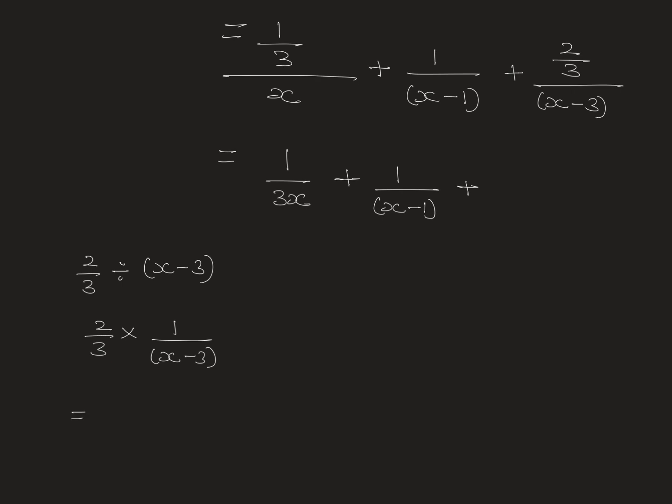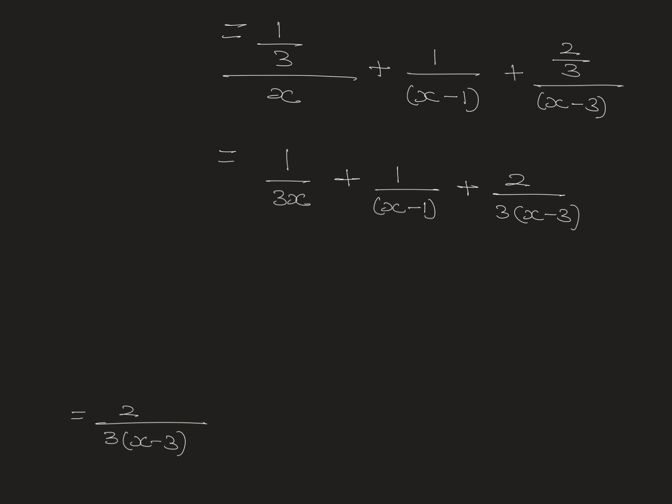So that is going to be 2 times 1 is 2 all over 3 into x minus 3. So there is no need to expand this further, okay? So the answer will be 2 all over 3 into x minus 3. And that answers the question, okay?